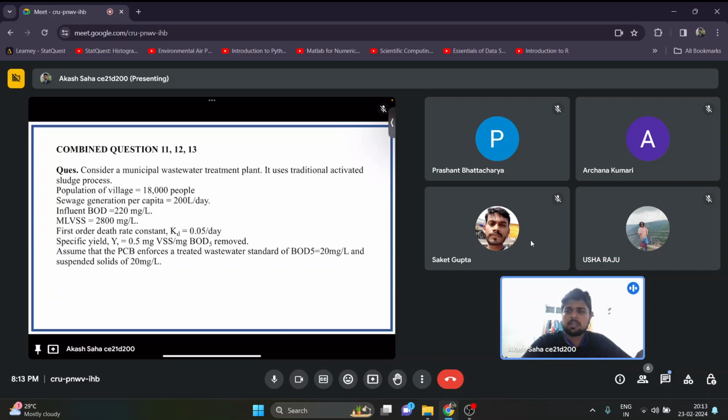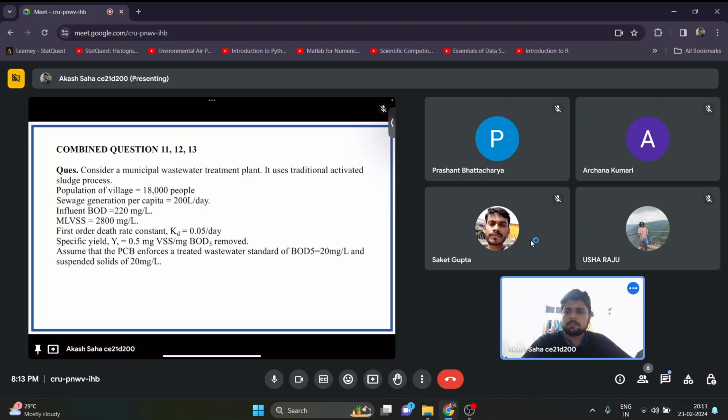The influent BOD S naught is equal to 220 milligram per liter. The X value, the MLVSS, is directly given, 2800 milligram per liter. The first order death rate constant Kd is 0.05 per day. The specific yield Y is 0.5.